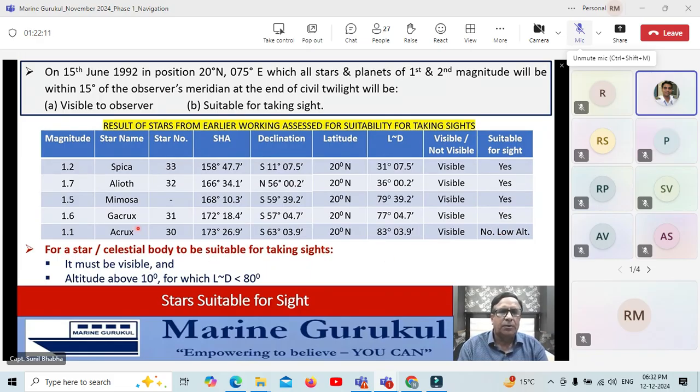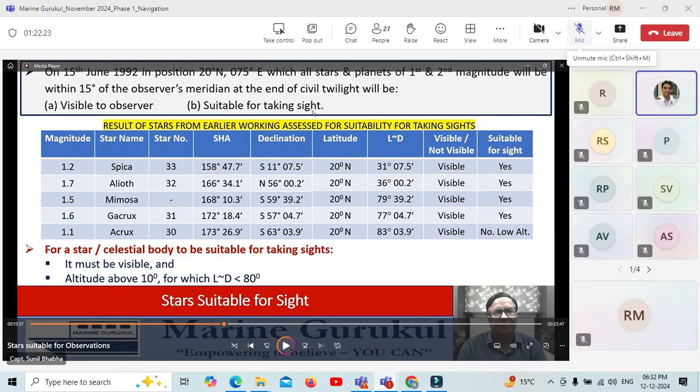So I hope you will remember this requirement to assess the suitability for taking sight and also the conditions required for a star or celestial body to be visible to an observer. Okay, beta. So these conditions need to be memorized. Any doubts in this question now?